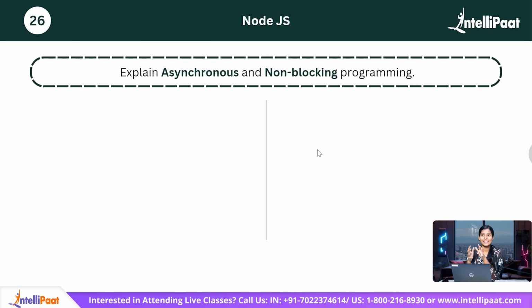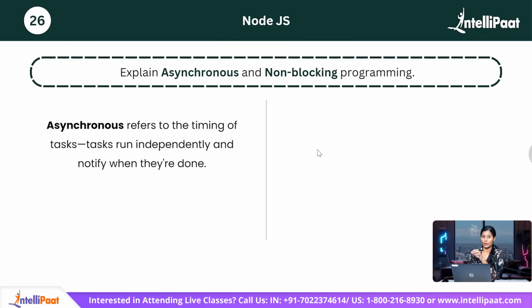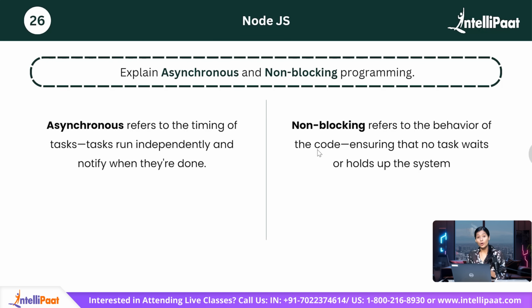Now, this might sound similar to asynchronous, but it's not. Here, there's a difference. Asynchronous refers to the timing of the tasks. Tasks run independently and notify when they're done. But non-blocking refers to the behavior of the code, ensuring that no task waits or holds up the system.